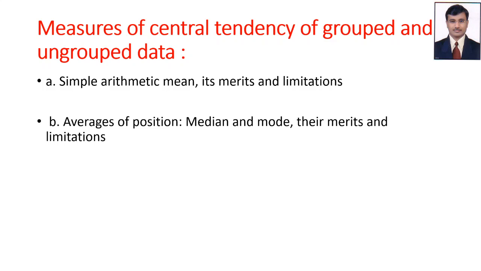Next point, measures of central tendency of grouped and ungrouped data. In that point, we have to study simple arithmetic mean, its merits and limitation. Average of position, median and mode, their merits and limitation.